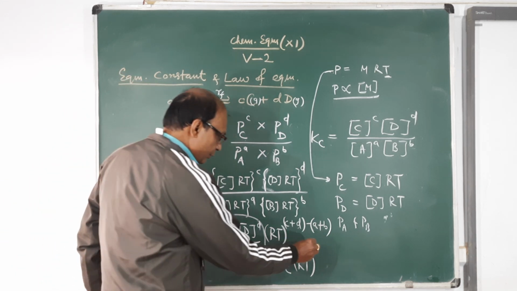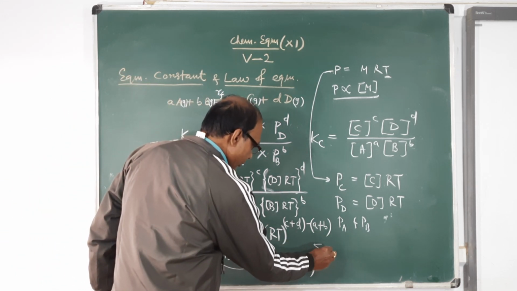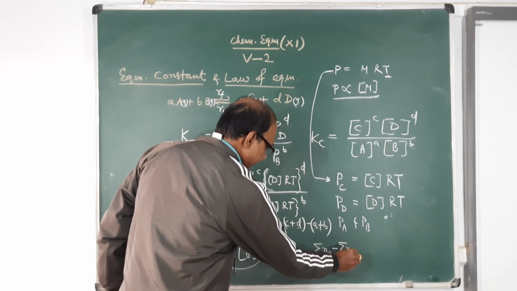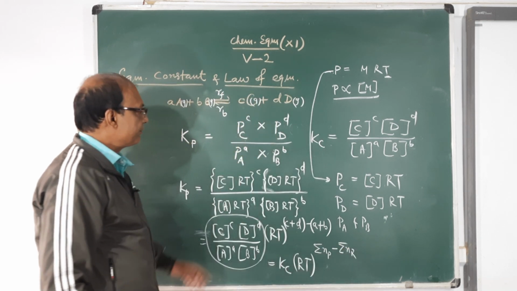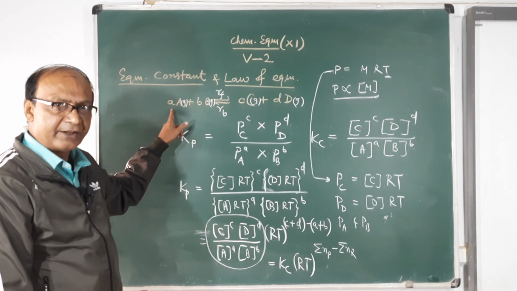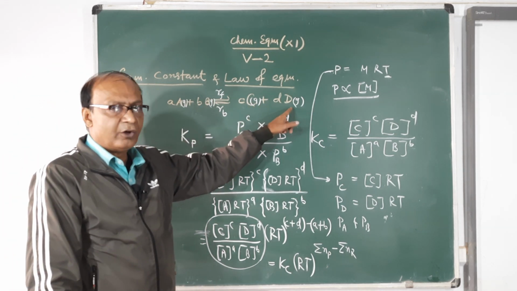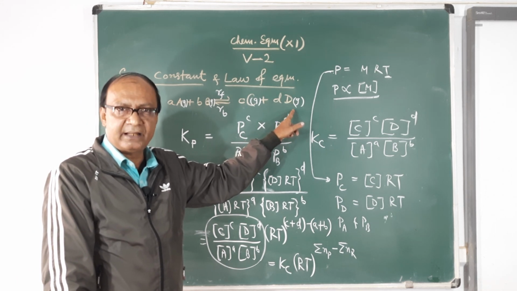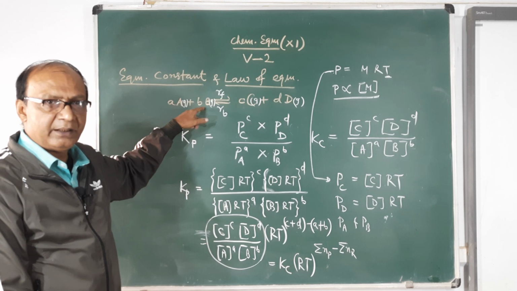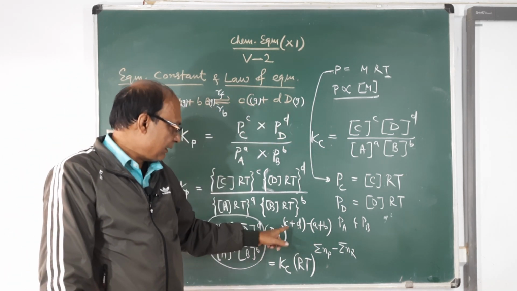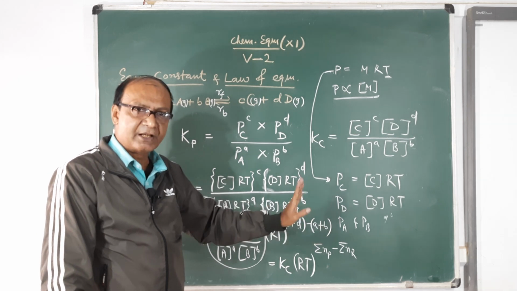Remember, only the number of moles of the gaseous components must be considered here. As you see in the hypothetical reaction, all are gases. That is why we have taken c plus d and a plus b.